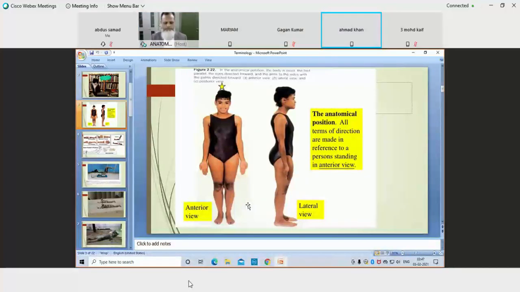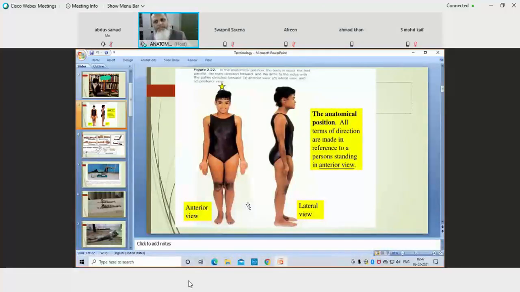Sir, please repeat, the plantar term is not used for which one? The plantar term is not used for the hand. The anterior surface of the hand is known as the palm or the palmar surface.